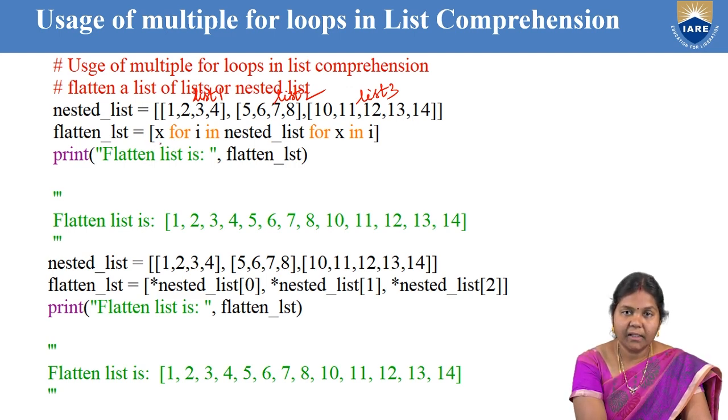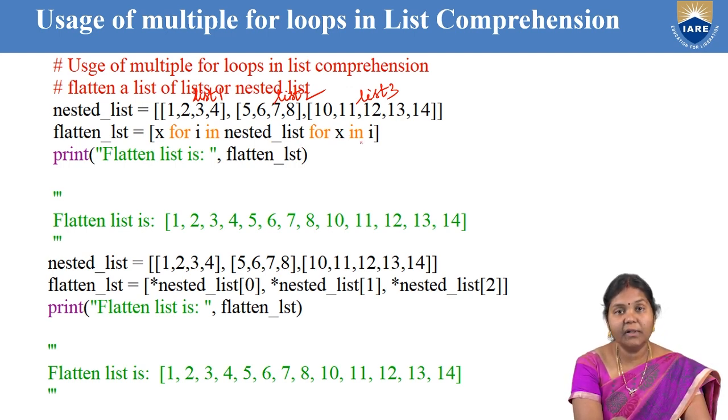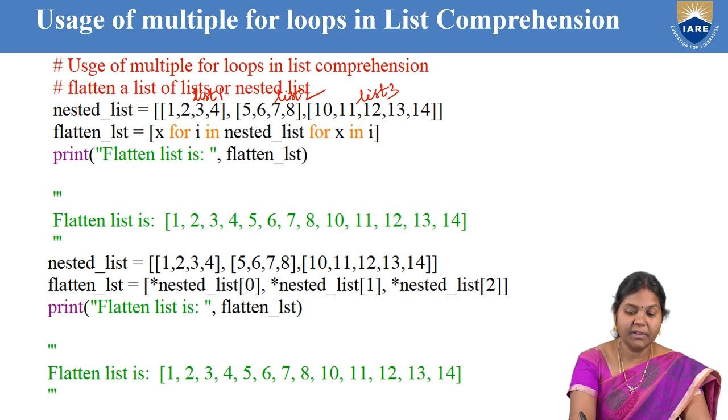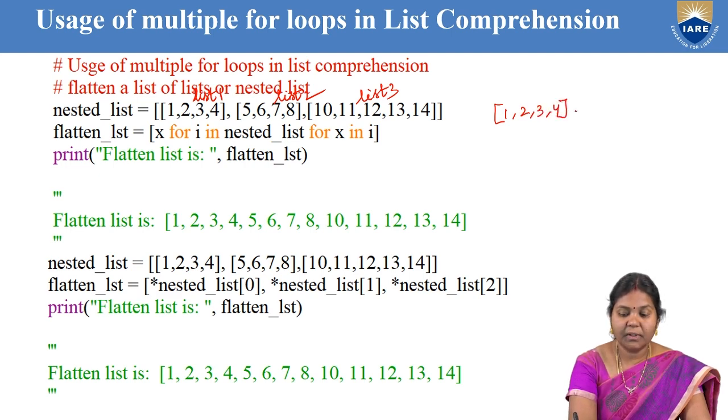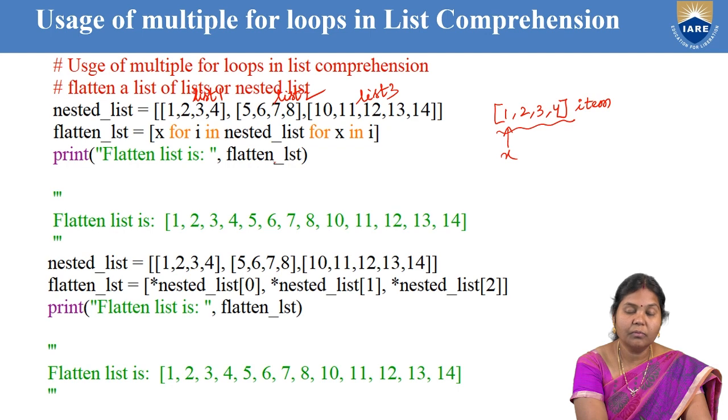You can write: flatten list is equal to, for i in nested list, and for x in i. That means for every item in the nested list, and inside that item, for every x value in i, you have to just keep it into a flattened list.